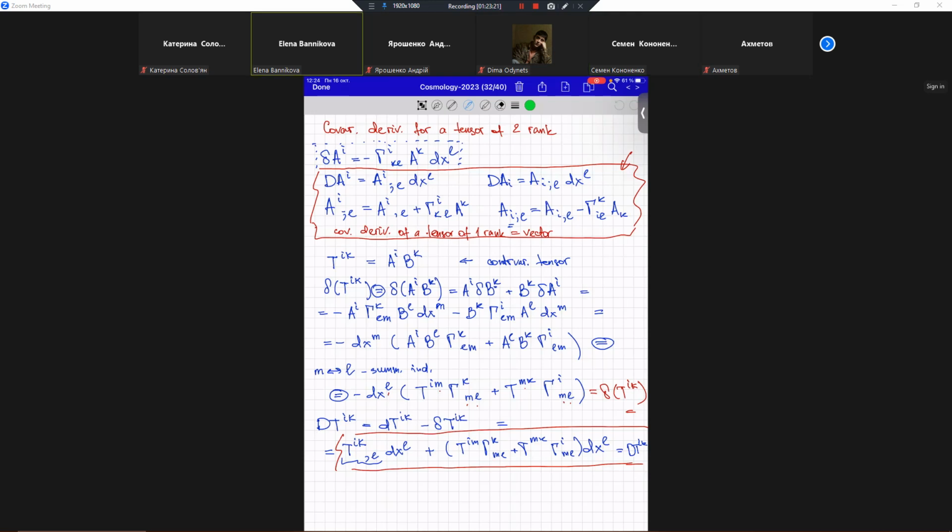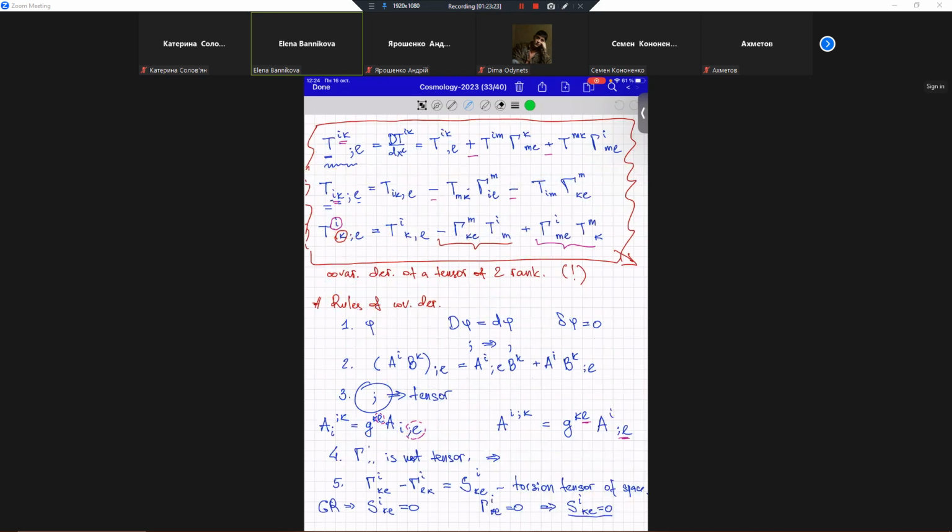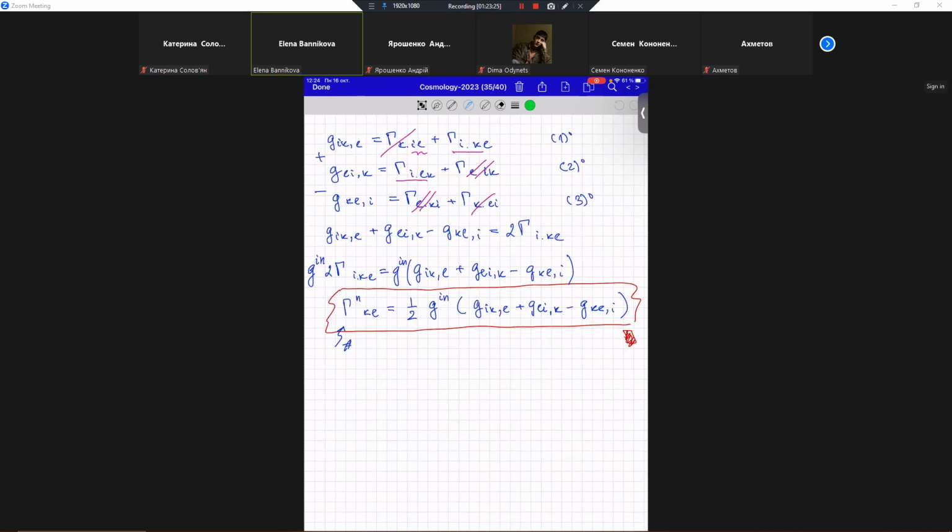But for the home task, you will use this expression which we obtained, exactly this expression for the Christoffel symbols, which we obtained through the metric.